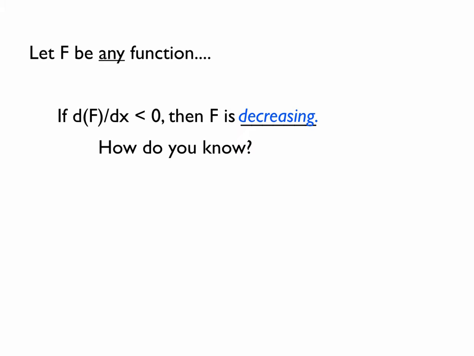How would you explain that? Exactly. So for a given change in x, the corresponding change in output value is going to be a negative amount times that change in x. So that's going to correspond to a decrease in the output value.